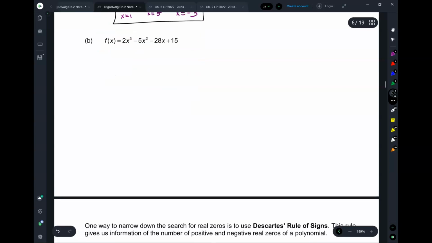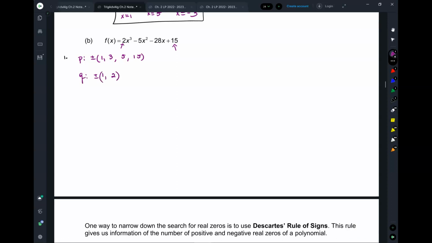So take a look at this. Now, we're going to do the same thing over again. So step 1 was do the p over q. So for p, this is what we're going to use. Factors of 15. 1, 3, 5, and 15. For q, we're going to use the 2, plus or minus 1, 2. Okay, p over q, guys. Let's do this one.